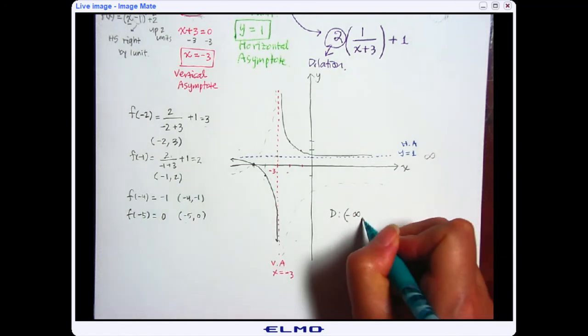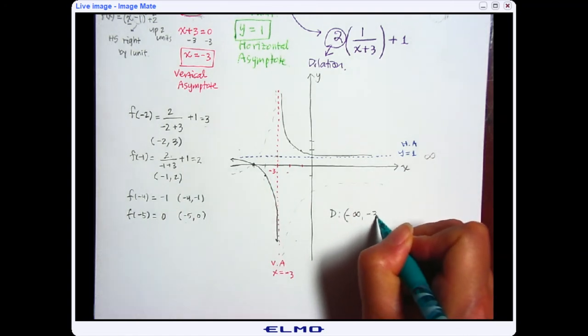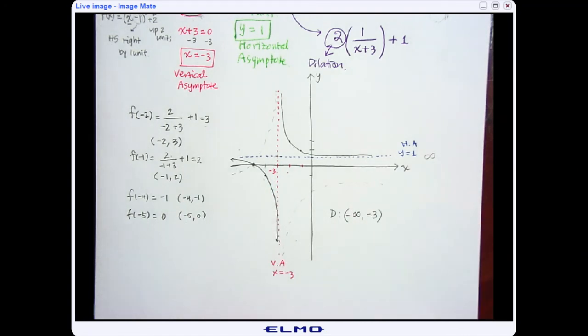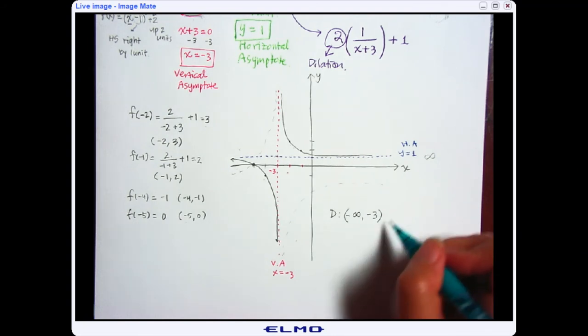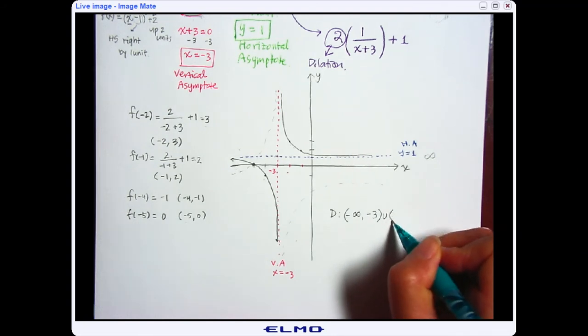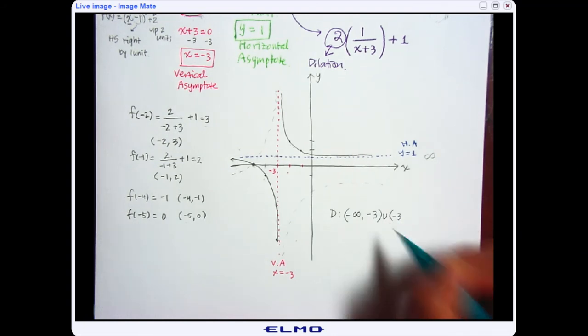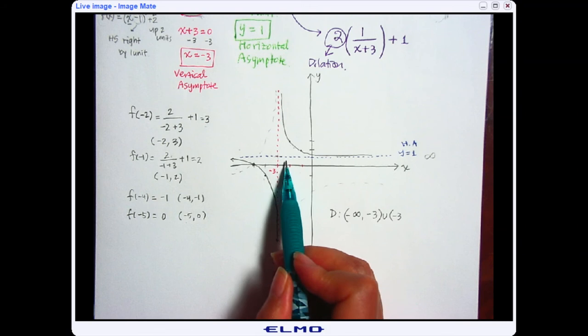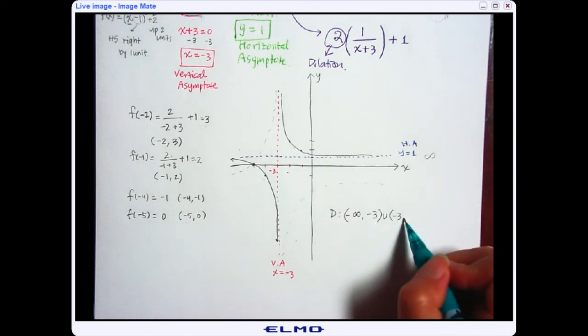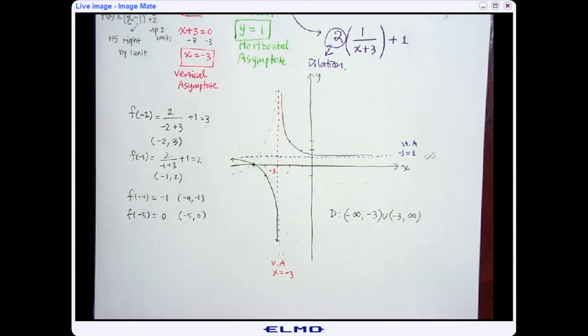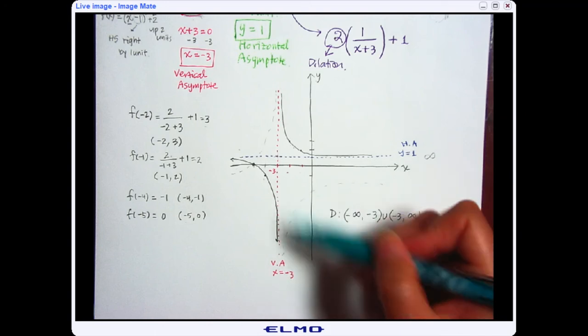So now I have to make a break around -3 by using parentheses and union and starting again at -3 with parentheses. And after -3, it's continuous up to the infinity sign, right?